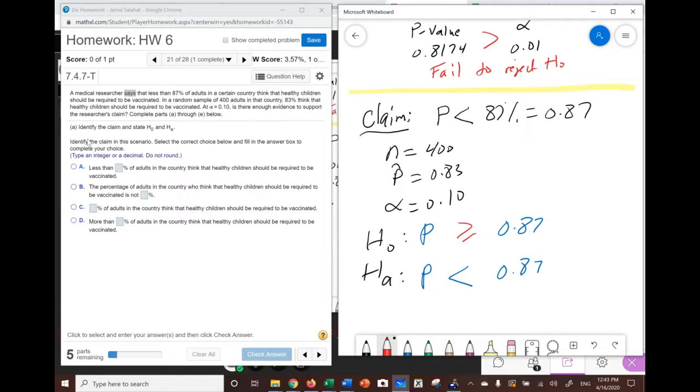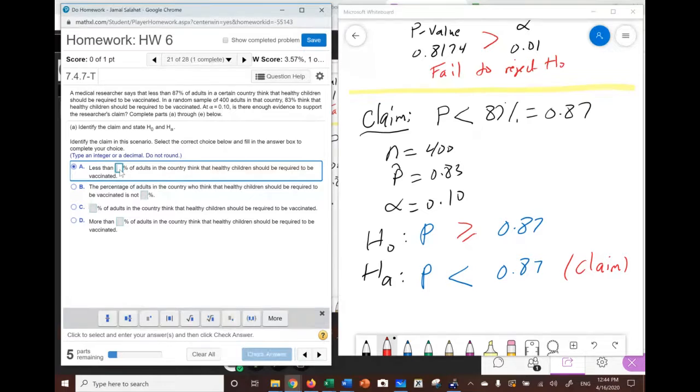Now let's try to answer the question. It says identify the claim and state H0 and HA. Notice that the claim is the bottom statement. So what is the claim? Let's look at A, B, C, D. Option A says less than 87% of adults in the country think that healthy children should be required to be vaccinated, and that is really A. Remember, they put a percent, so we're going to put that as a percent. If they did not put the percent sign in here, I would put this as 0.87.